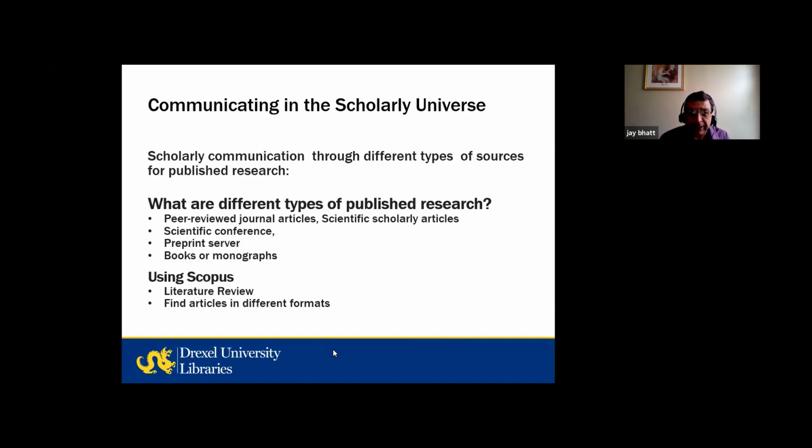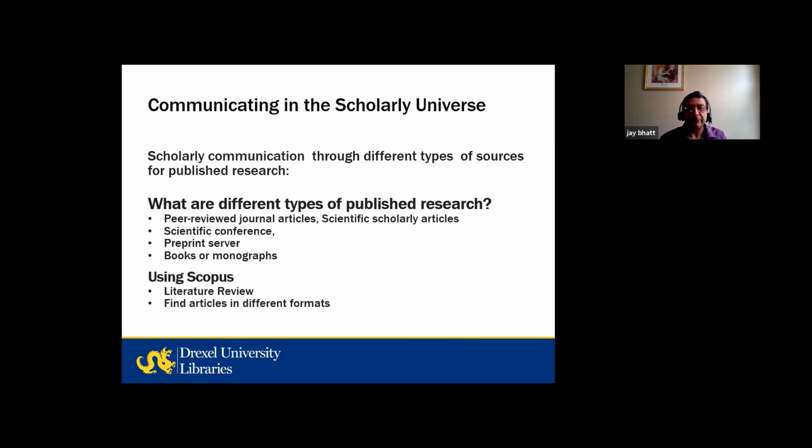And how do we communicate in this scholarly universe? How do scientists all over the world globally discover and find these different types of sources? And what are these different types of sources? And how can Scopus, a database that Max is going to also talk about later on using an actual demo, help in finding these papers?